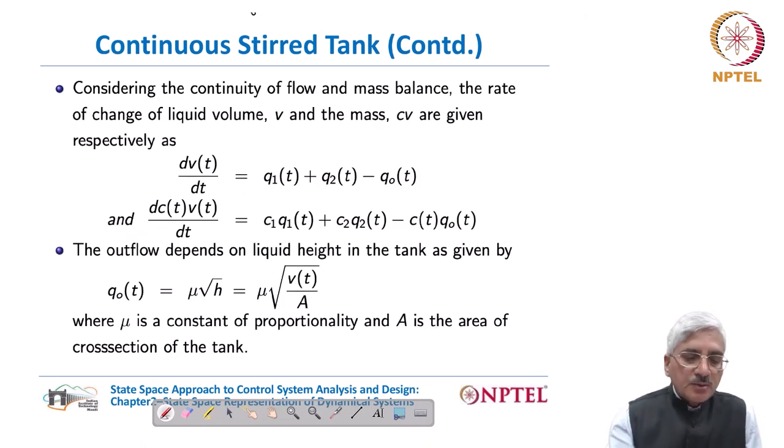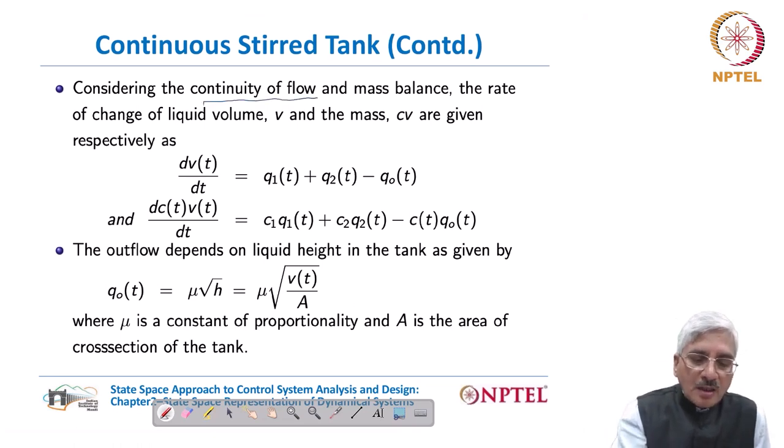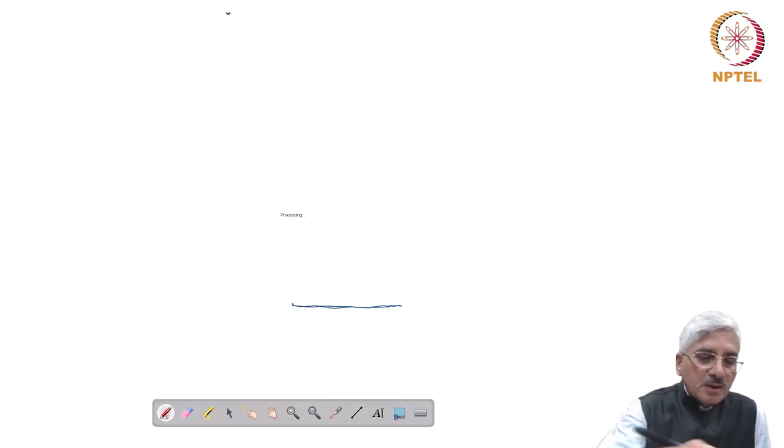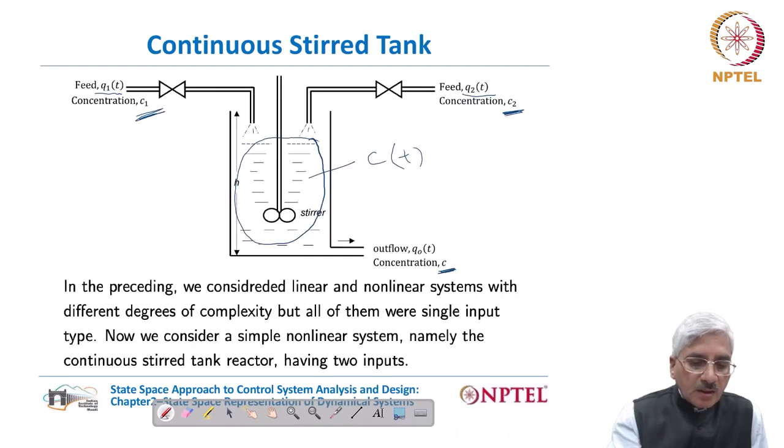So first we consider the continuity of flow, and also we consider the mass balance of the substance which is coming in the two liquids. First of all we see that the rate of change of liquid volume V, if we go back to the diagram, the liquid volume which is accumulated here in the tank, is due to any imbalance between the incoming feeds Q1, Q2 and the outgoing flow Q0.